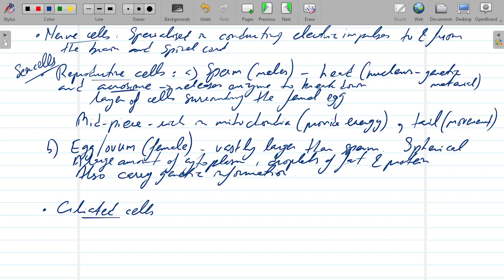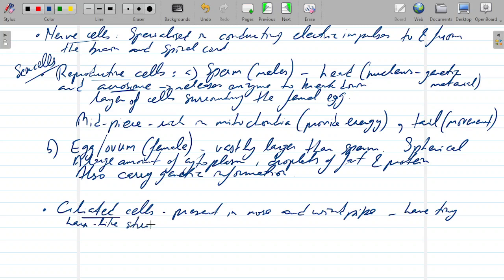Ciliated cells are present in the nose and the windpipe, and they have tiny hair-like structures called cilia.